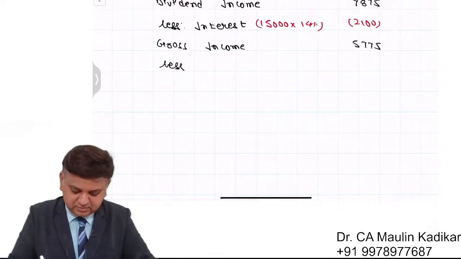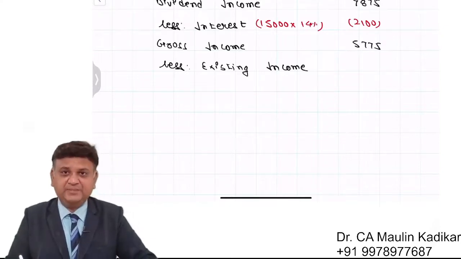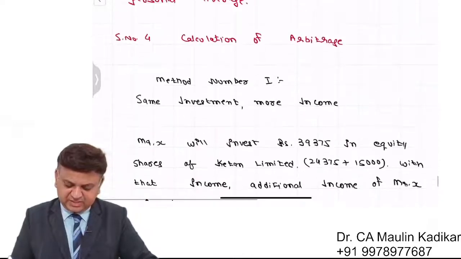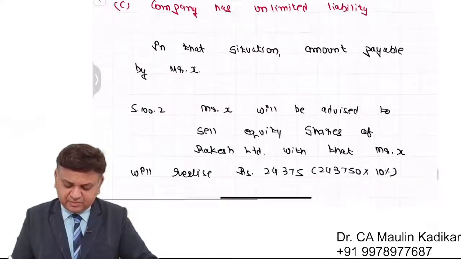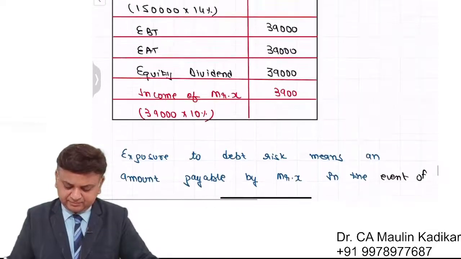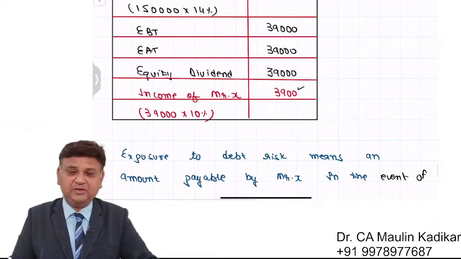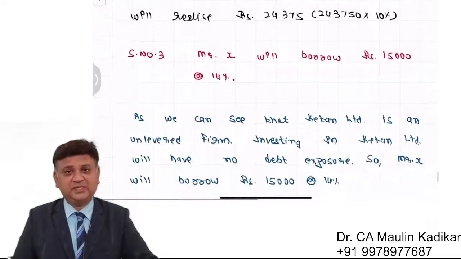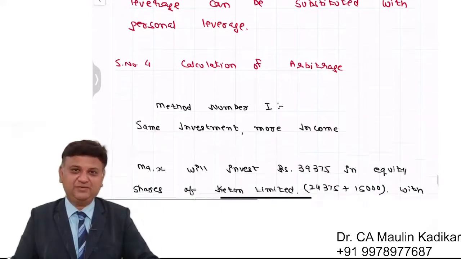Less existing income. We understand that the existing income of Mr. X is an amount of 3,900, which we already have calculated. So after switch over, the income increases to 5775.